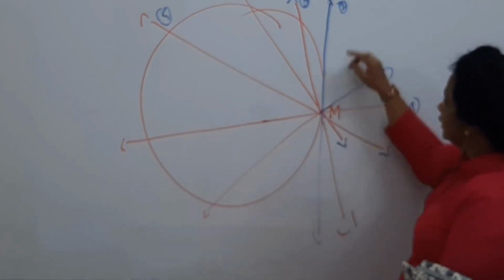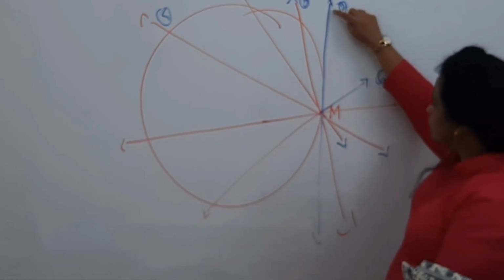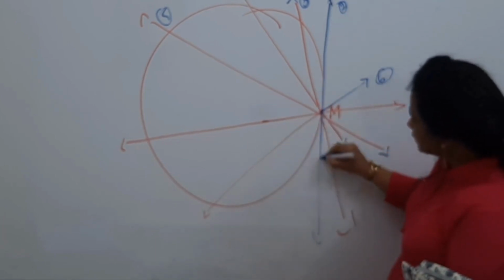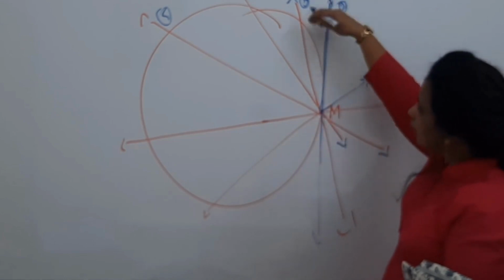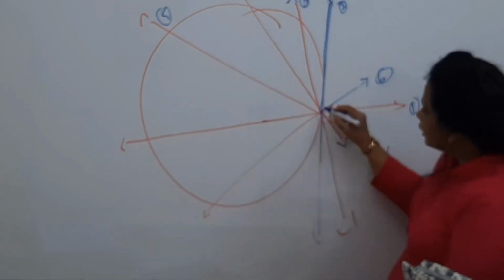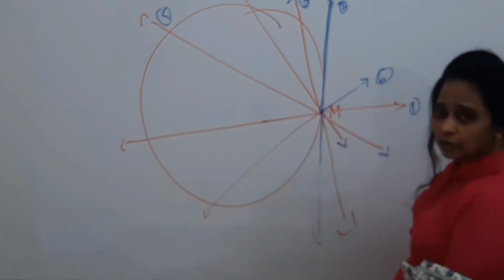But you see line number 2, which passes through M, but when it is extended on either side, it does not touch any point on the circumference of the circle. So that line is said to be the tangent through that point M to a circle.